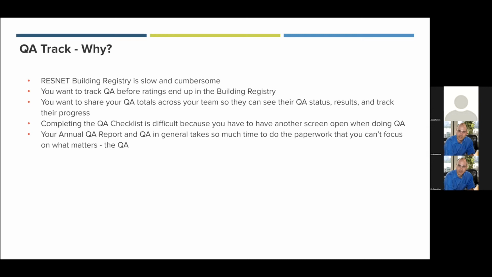Ecotrope will do all of that. All you have to do is go into Ecotrope, look at a dashboard to see that you're up to date and see which energy models have been selected for QA, and just do your QA work. You don't have to worry about the administrative balancing of all the QA quotas and QA totals. You just get your QA work done and move on with your day.